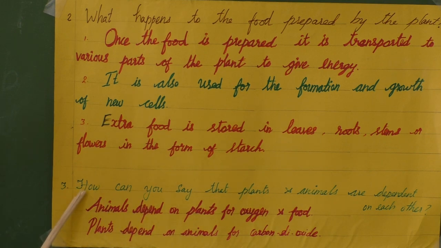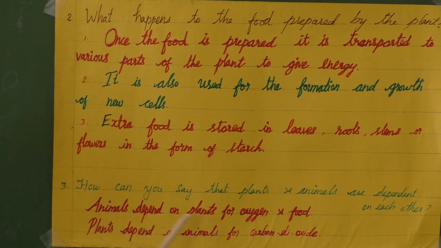Then, how can you say that plants and animals are dependent on each other? How do we say they depend on each other? Animals and plants are dependent on each other.